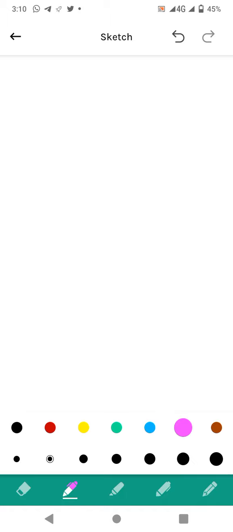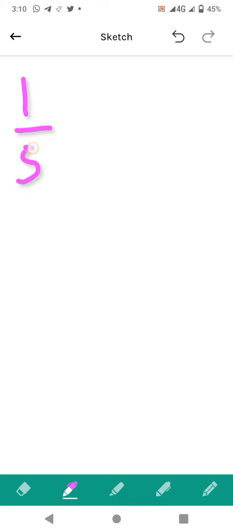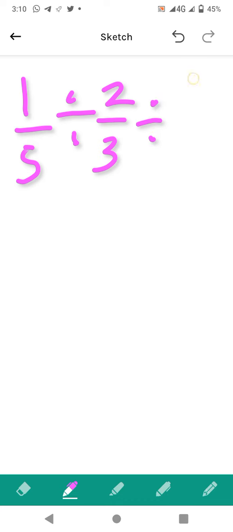Let's do the last one. If I have 1/5 divided by 2/3 divided by 1/4, I'm going to solve the first pairs first.